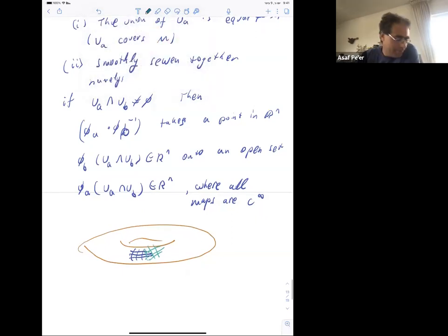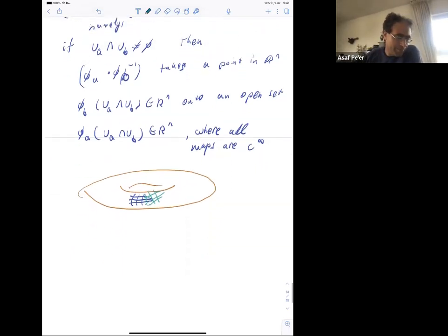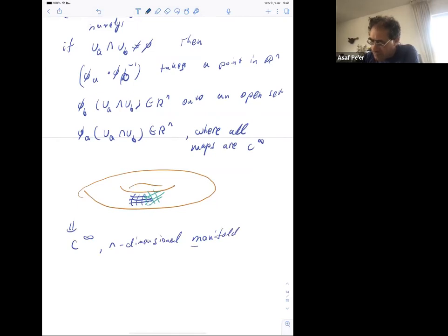Now, finally, comes the punchline. A C-infinity n-dimensional manifold is a set M along with a maximal atlas.